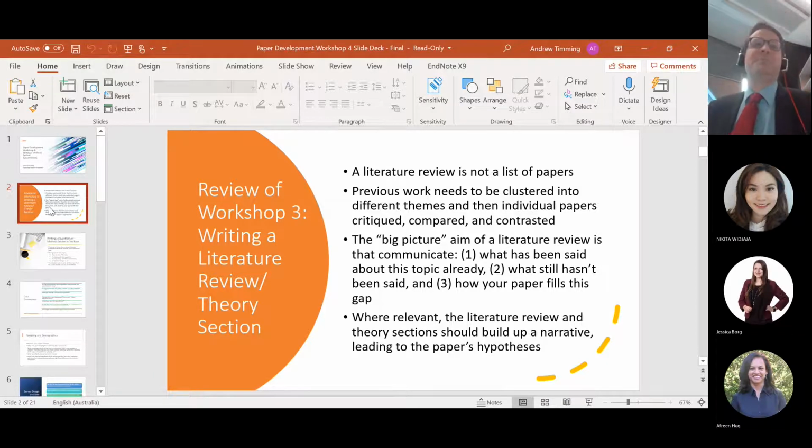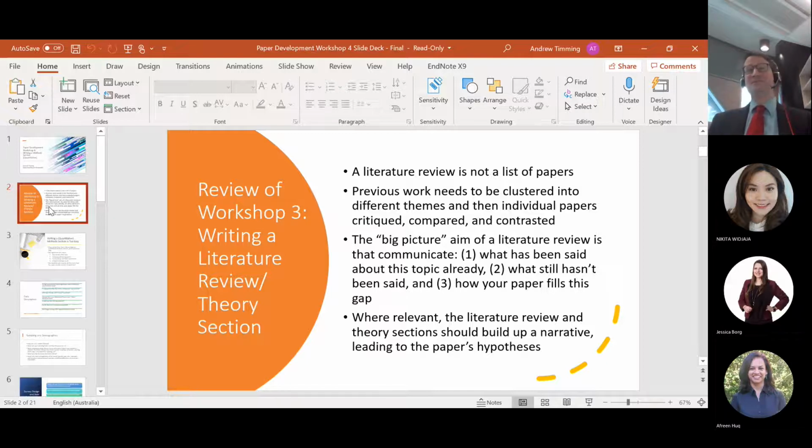So the big picture underlying an academic literature review is that it communicates, in the first instance, what has been said about the topic already, whatever your topic of choice is. You've done a thorough evaluation and examination and assessment of what has been researched already on this topic.